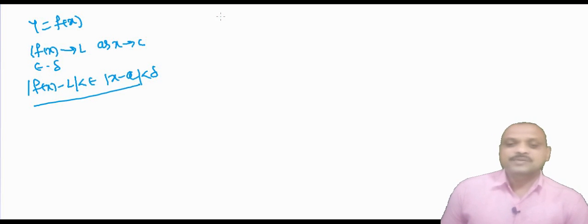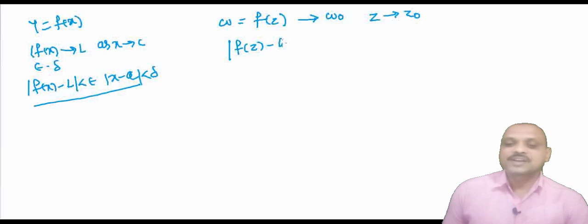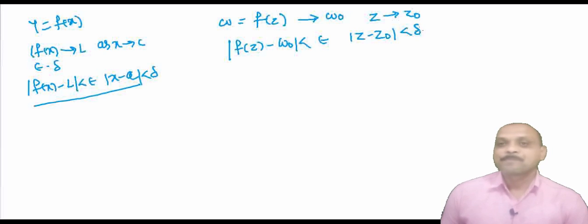So friends, here you can see that instead of y equal to f of x, we have taken w equal to f of z. With a similar definition, we say that f of z approaches w0 whenever z approaches z0. We define the same epsilon-delta definition, that is, mod of f of z minus w0 is less than epsilon whenever mod of z minus z0 is less than delta.